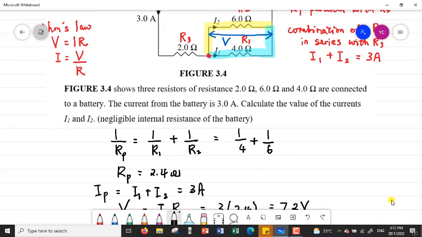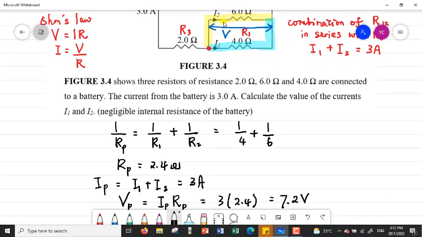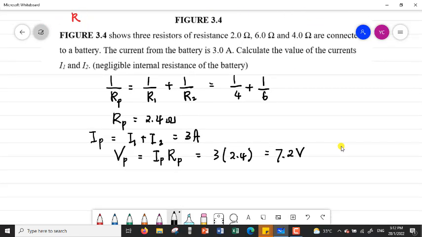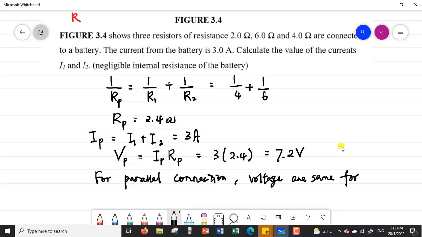And then we understood that for parallel resistors, they have the same voltage. For parallel connection, the voltage is the same for both resistors here.